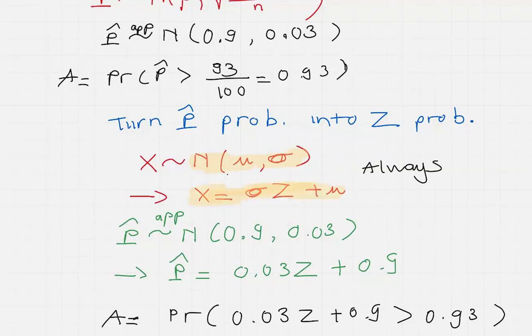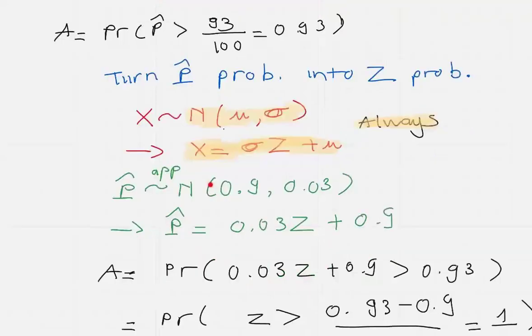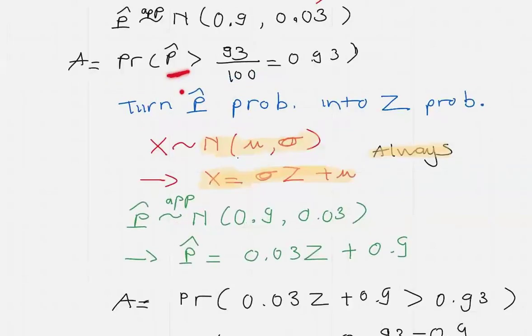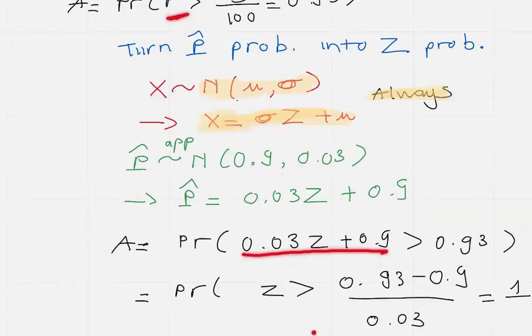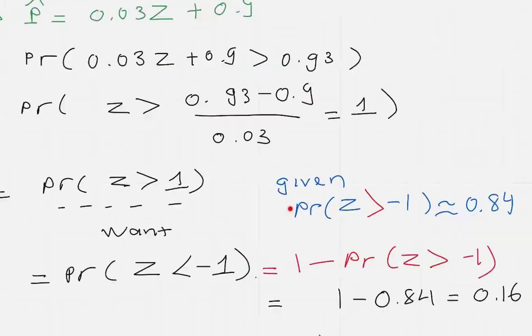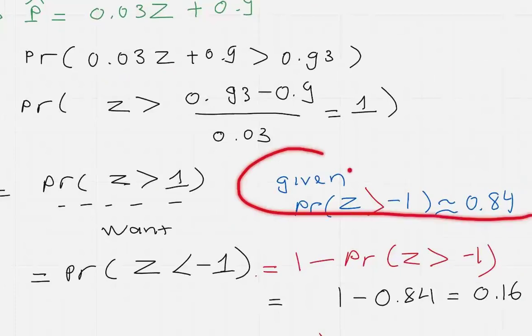So here we just need to turn this normal probability of p hat into the probability of z, using the information given here. I hope it is clear.